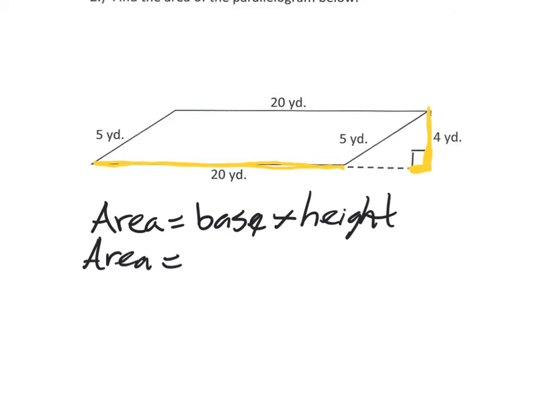Let me point out that we can just say that that's equal to the base, and this is the height. And now I'll put those numbers in there. 20 yards.